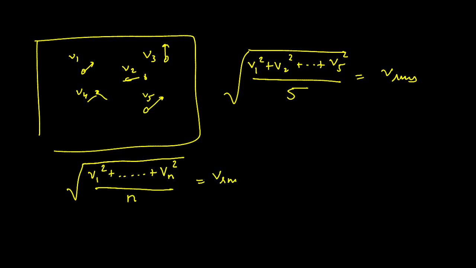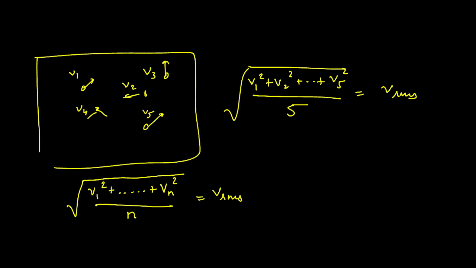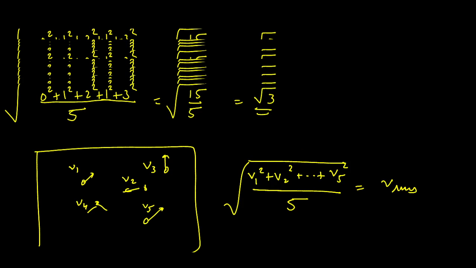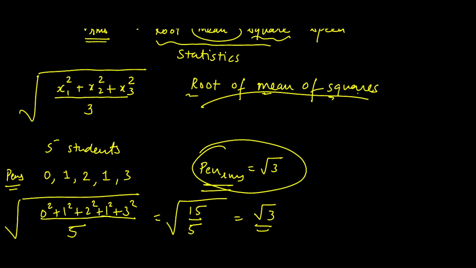Then you can just write it as the addition of v1 square, v2 square up to vn square, divided by n. નંદિની ટાઈમ પર લખી નાખવાનું. So this is an example. Again, it is the root of the mean of squares.